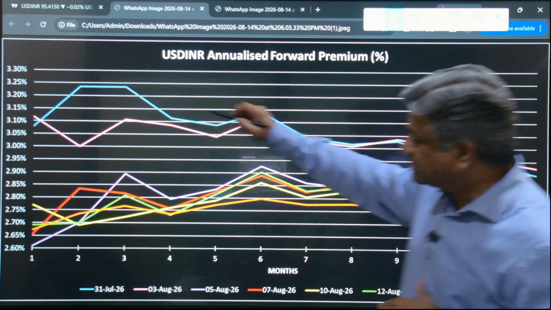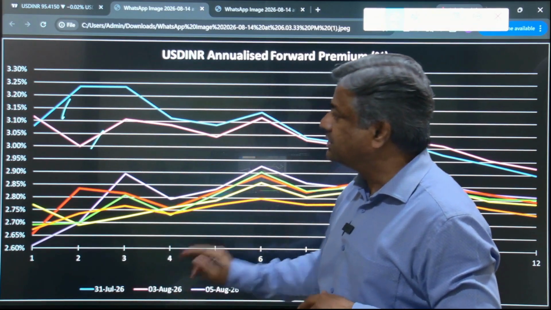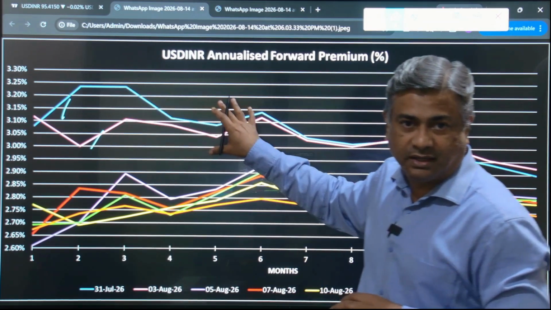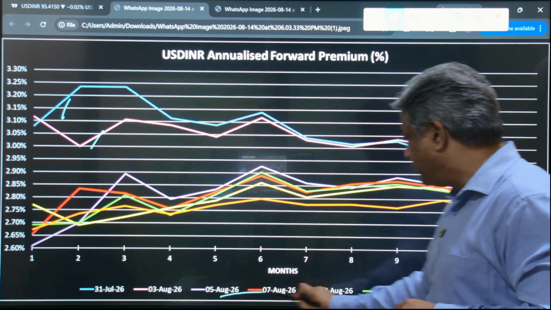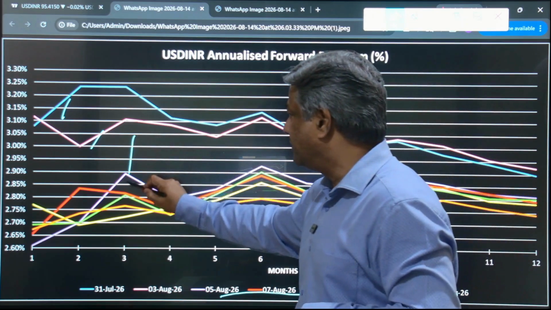If you look at these 2 days, this day and this day, this is 31st July and 3rd of August, the beginning of the month, the premiums were slightly higher. But if you see the remaining days, the days from 5th to 14th till yesterday, the premiums have come down.